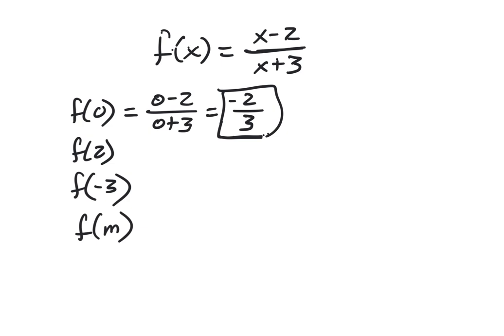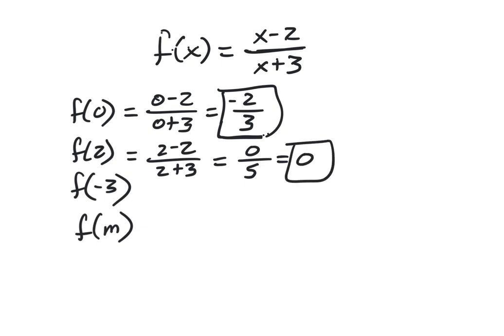Okay, if I do 2, this would be 2 minus 2 over 2 plus 3, which is 0 over 5, which is 0. If 0 is on top, 0 divided by anything is always 0.